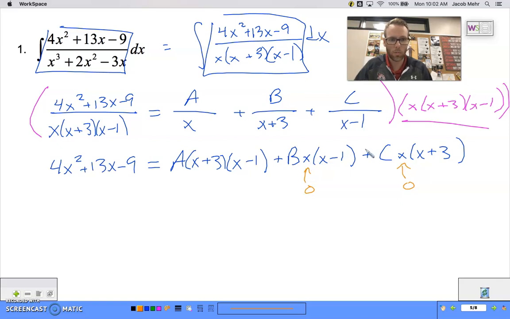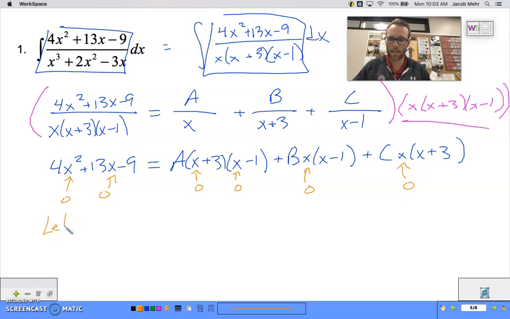Well, this whole term would be gone, and that whole term would be gone. Now, what happens if I put 0 in for these x's? Is that whole term gone? No, it's not. It's A times 3 times negative 1. That term is still alive. How about if I put zeros in for those x's? We have just a negative 9.